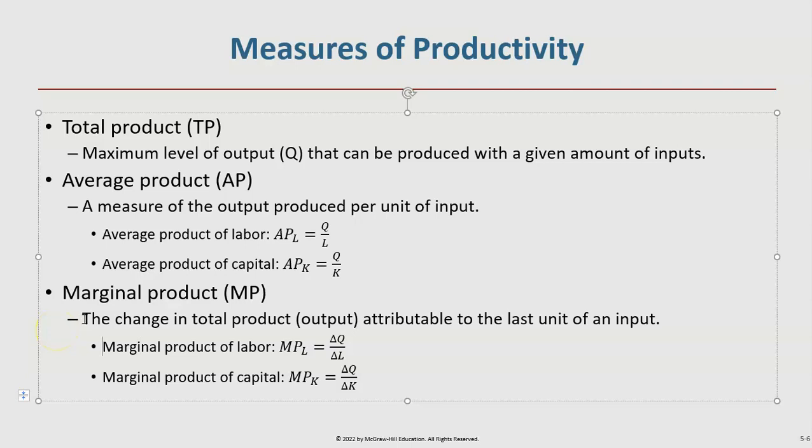Okay, so imagine that you have a lawn mowing business and you have a lawnmower and a weed eater and one worker, and the worker can mow 5 lawns. If you add one more worker and the number of lawns that you can mow increases to 8, then the marginal product of labor is equal to 3.